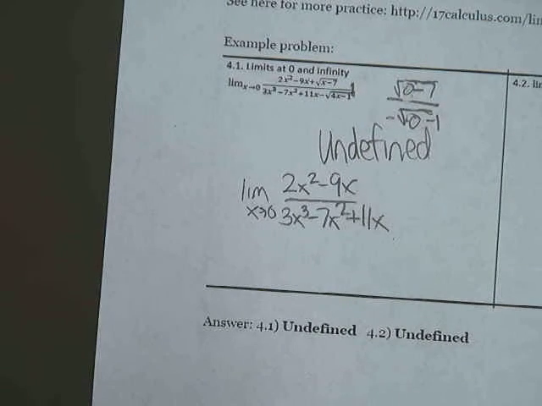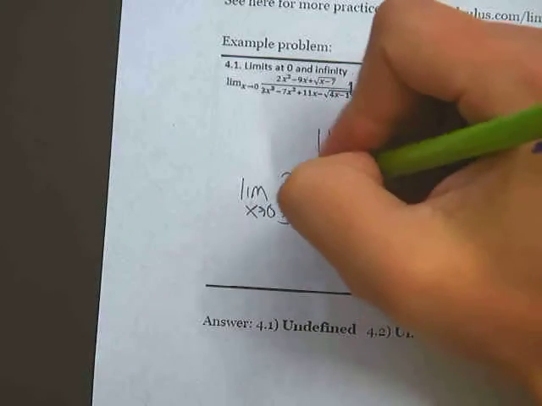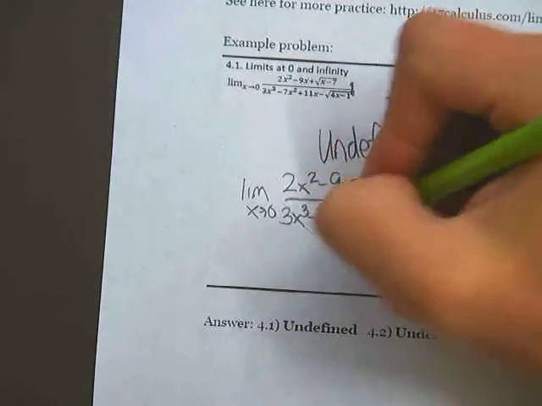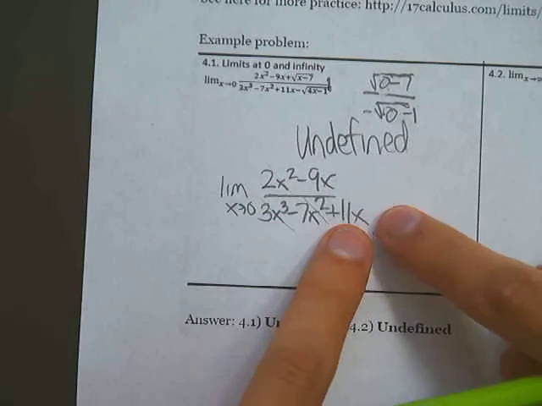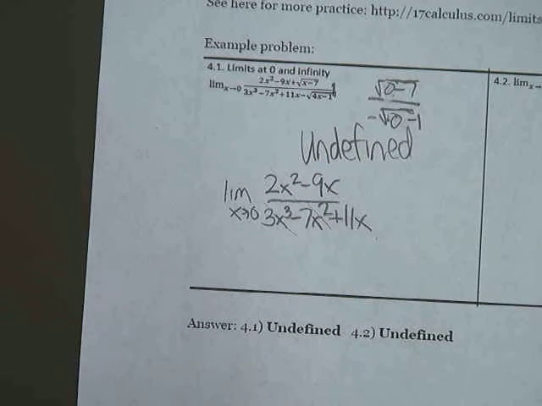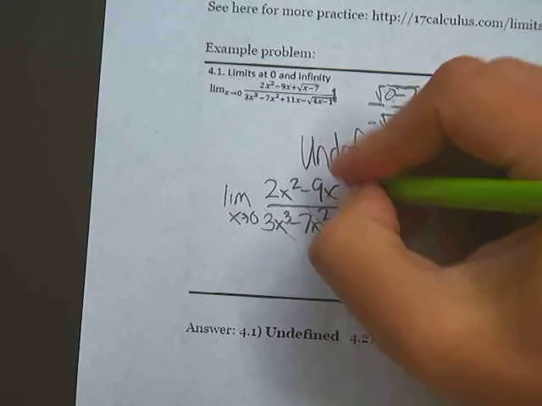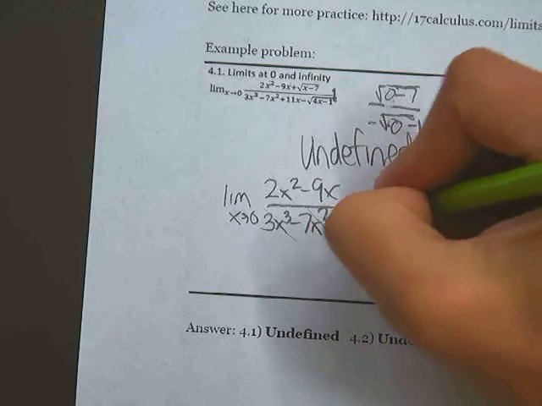So the smaller the power is, the bigger it is as you're approaching 0. Which means we can just ignore all these and look at these two terms. And we have negative 9x on the top and 11x on the bottom. Since those x's will be the same because we're plugging in the same value for both of them, this is just going to approach negative 9/11ths.